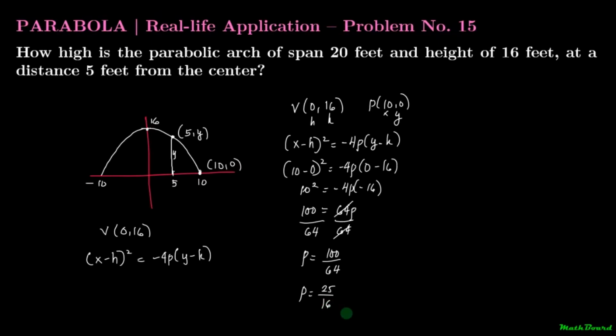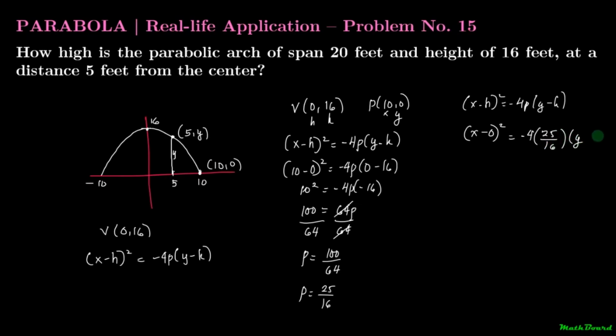So, ibalik natin yung equation. Use x minus h squared equals negative 4p times y minus k. So, h, k lang at saka yung p ang i-plug in natin. So, x, ang h natin 0. So, x minus 0 squared equals negative 4 times the value of p, 25 over 16 times y.